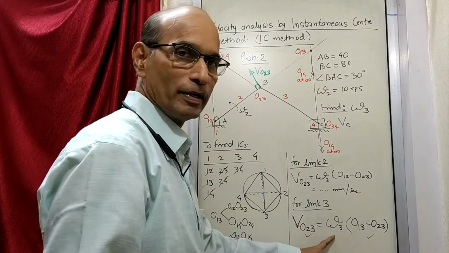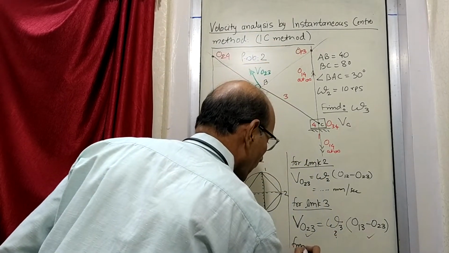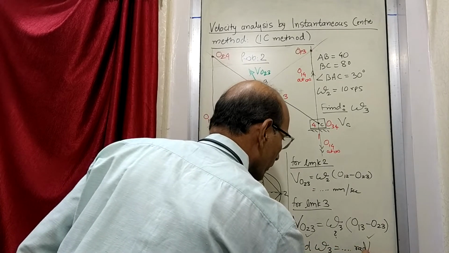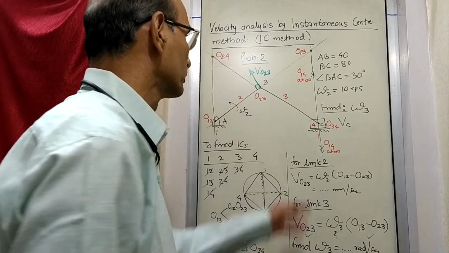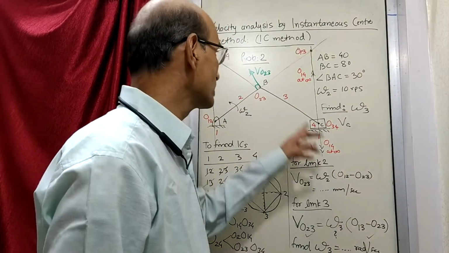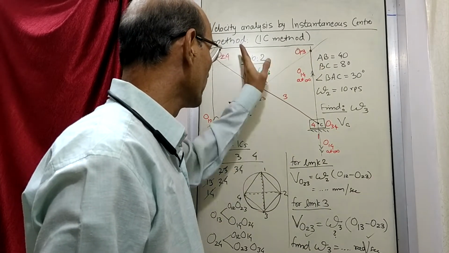So what we don't know is angular velocity. So you can find out the angular velocity of 3, so much radians per second. As for the direction, you can see O13 is here, and the point on link number 3 is going like this.